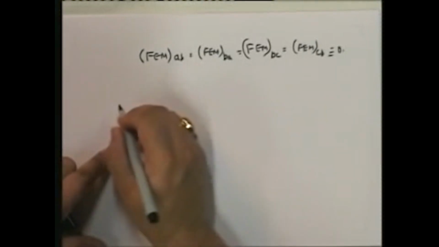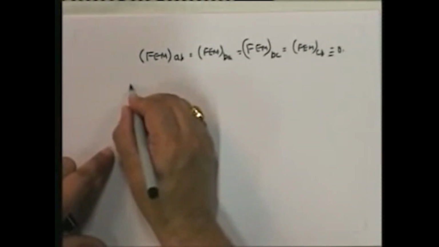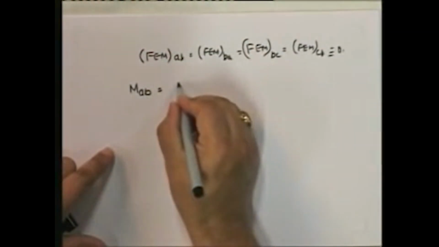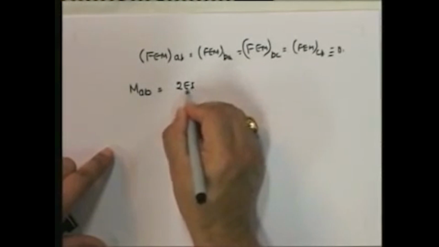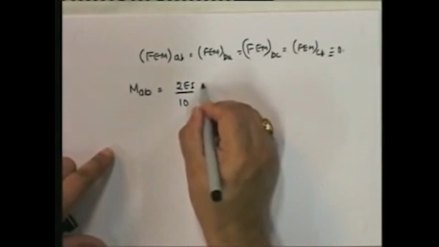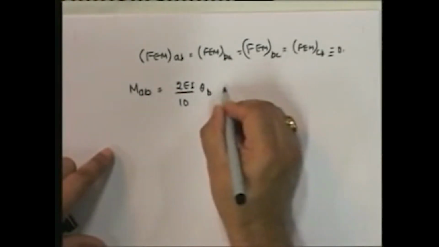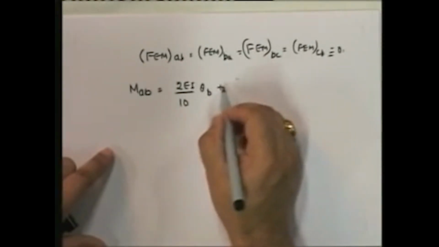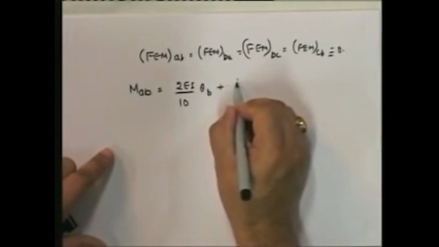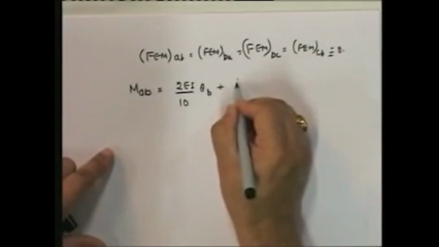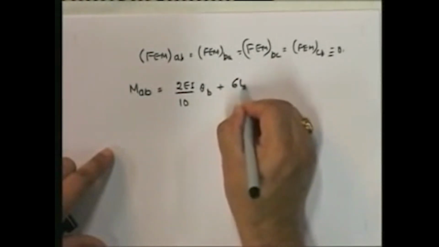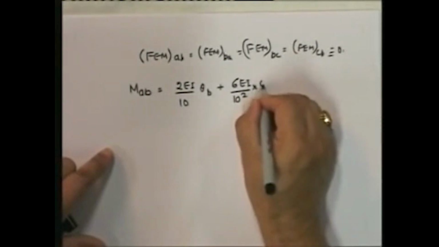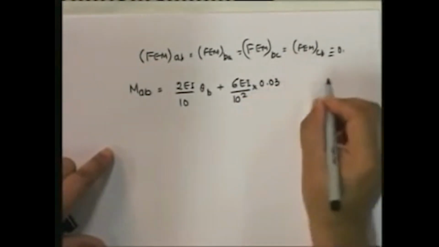We get the equation MAB is equal to 2EI by 10 theta B plus, note that it's actually minus 6EI upon L squared into delta, but since delta is negative, this is going to be 6EI upon 100 into 0.03.